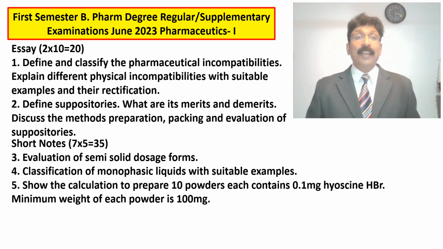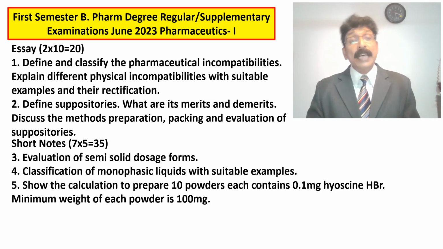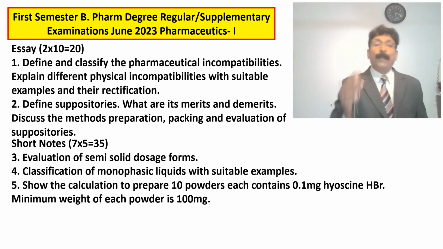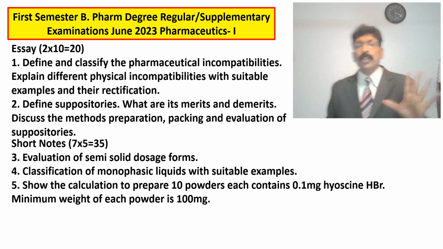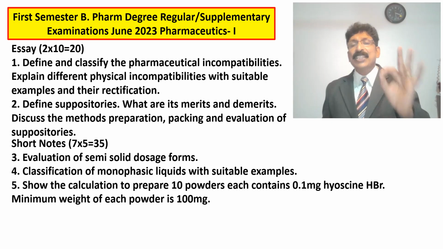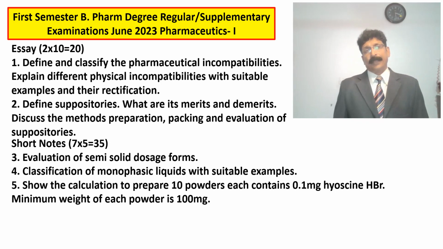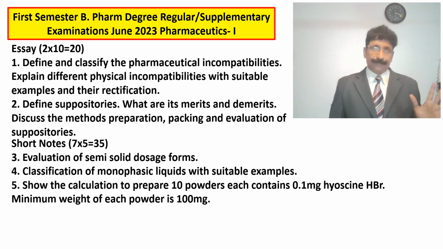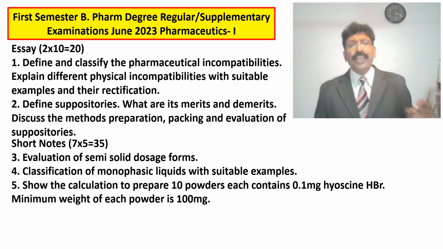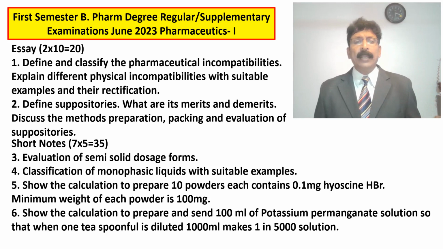And you can see that show the calculation to prepare 10 powders, each containing 0.1 milligram hyoscyamine hydrobromide. Minimum weight of each powder is 100 milligram.